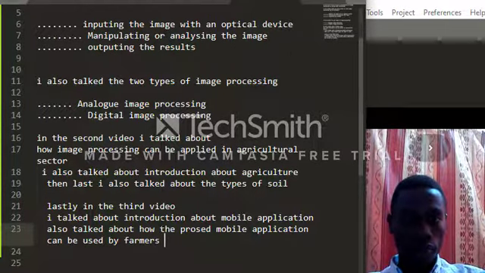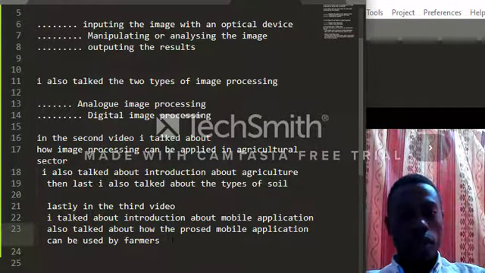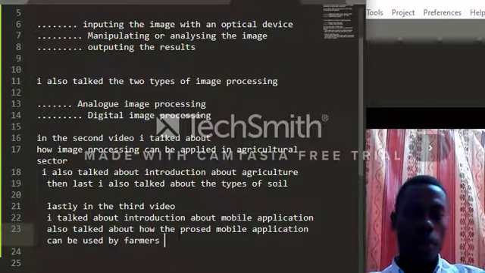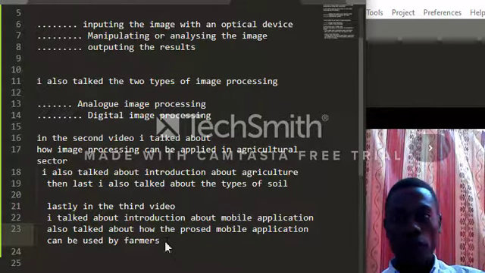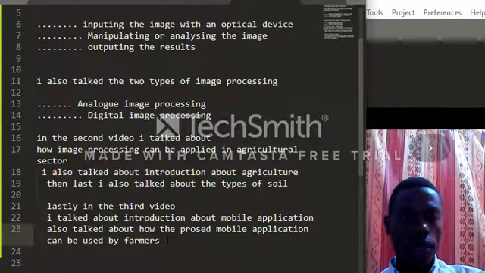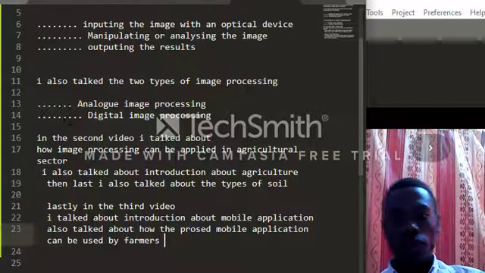Remember, my topic is image processing, and all I wanted was to develop a free mobile application that can be used by all farmers in different places to be able to characterize and classify their soil, so that they can get to know the type of soils they have.